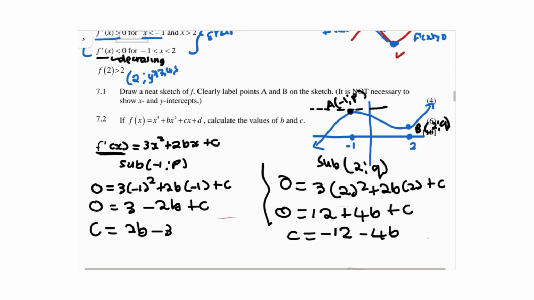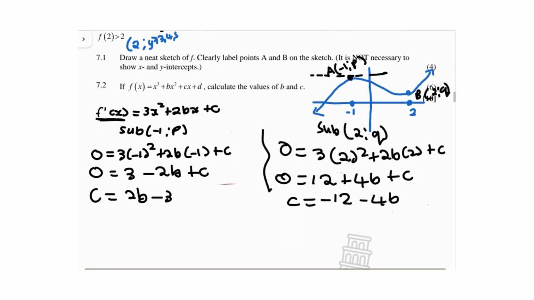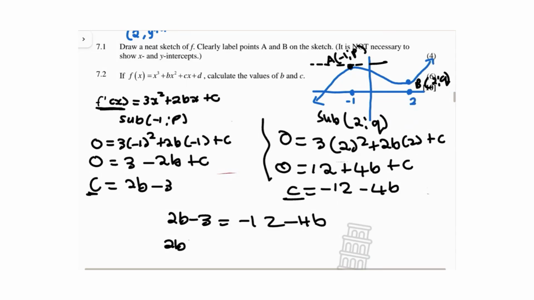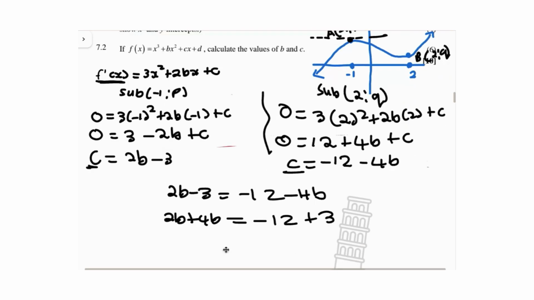So that is my second equation. But because we are equating them to the same c, it means they are equal to each other. So 2b minus 3 equals -12 minus 4b, and 2b plus 4b would be -12 plus 3, and 6b is -12 plus 3, that's -9.